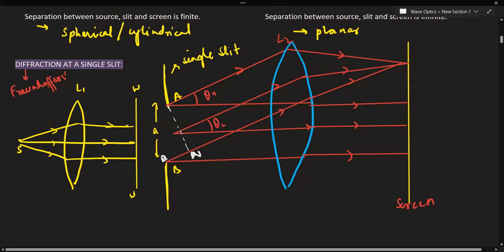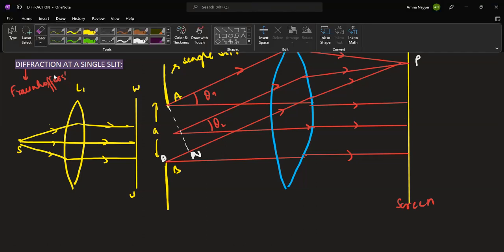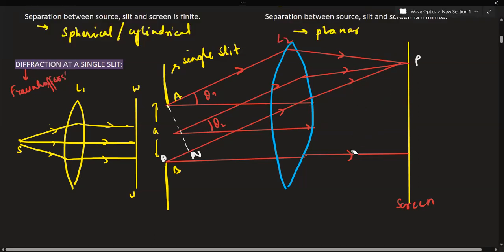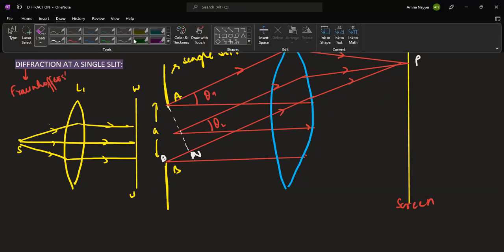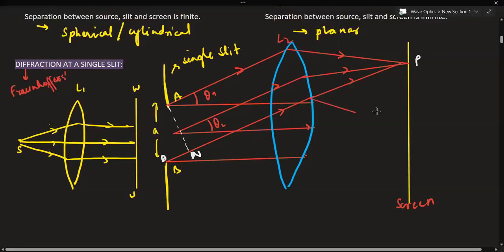DN. Yes, ma'am. This is the path difference between the waves reaching this point P. Let's say, oh, I haven't drawn this. Nobody has even pointed out. These rays I have drawn parallel. These will also get converged because of the lens.